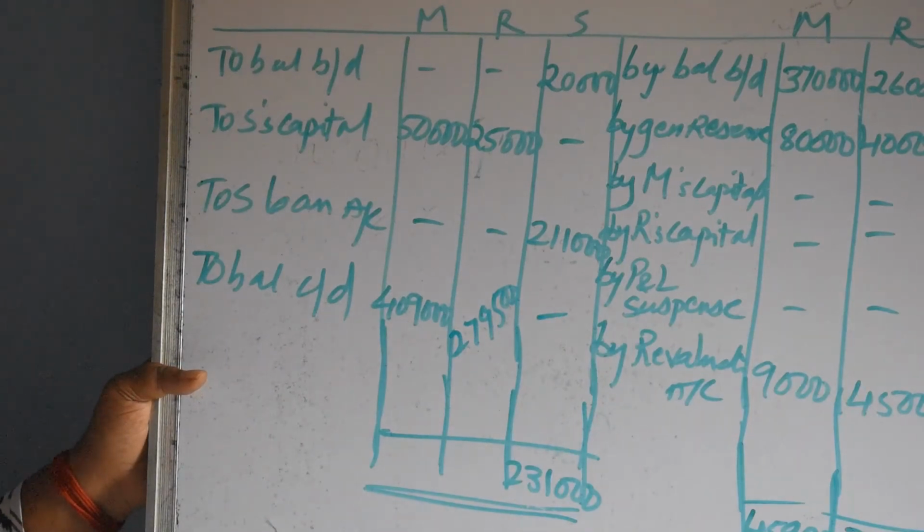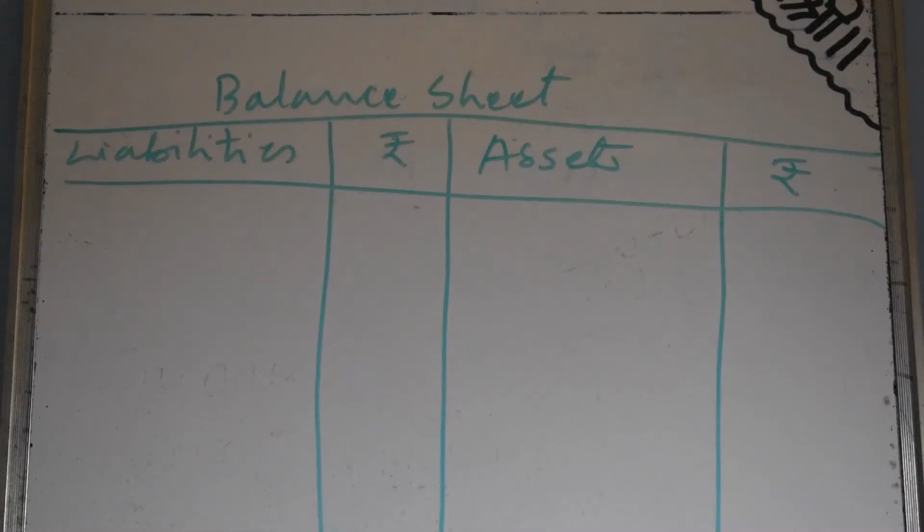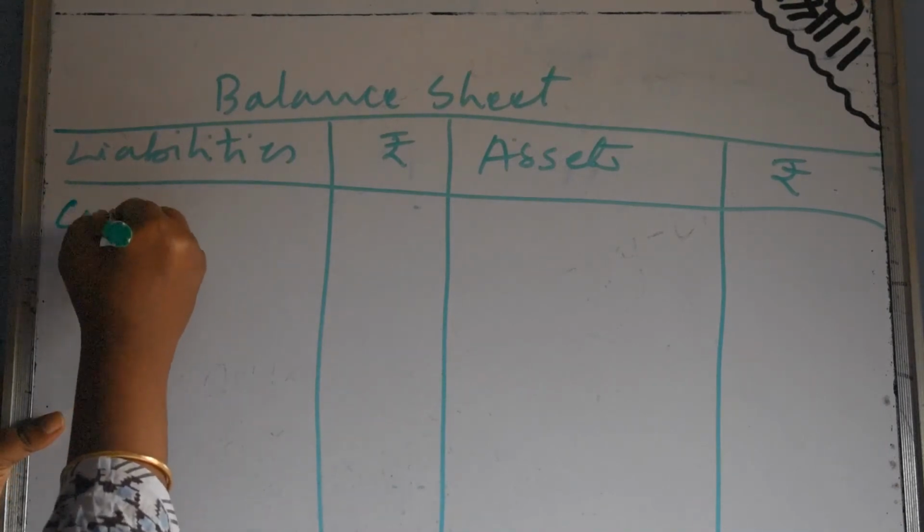Now we will prepare the balance sheet. So in the balance sheet we have to always see our old balance sheet. It is starting with the capital. So I will write capital over here.